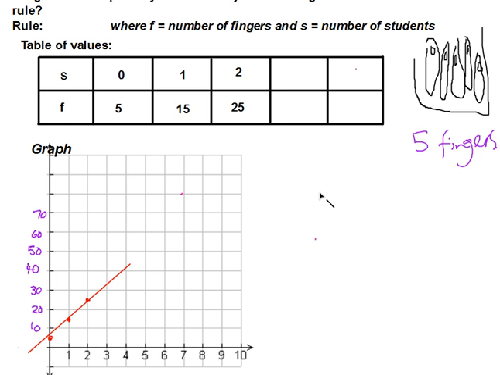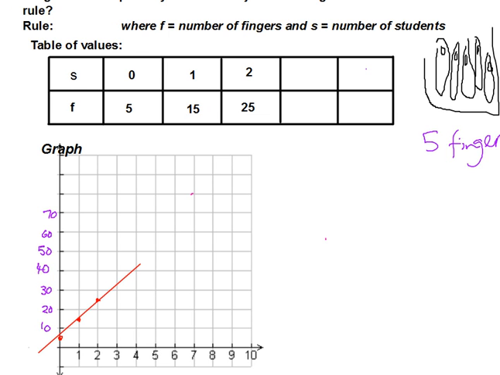Let's see if we can try to describe the rule that gives us these figures and therefore describes the line. So I'm still timesing every student by 10 to get the number of fingers that the students bring into the room, but I also have to add 5 for the fingers in the jar.